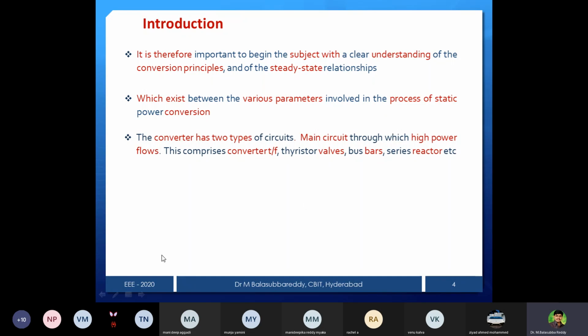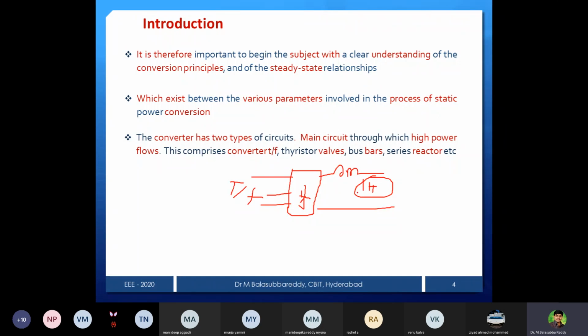If you see any HVDC converter, in general the circuit will be like this. There is a source side, and here a transformer will be there, and there are valves, and after that at the output we connect a large reactor. That reactor is very large, even up to 1 Henry you can use.